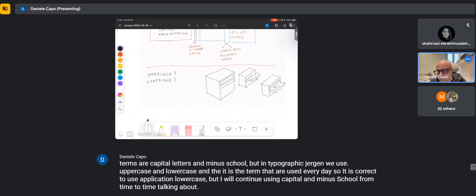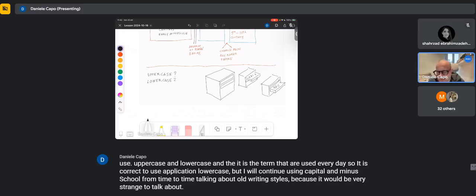talking about old writing styles, because it would be very strange to talk about lowercase and uppercase when we are talking about writing with a pen.